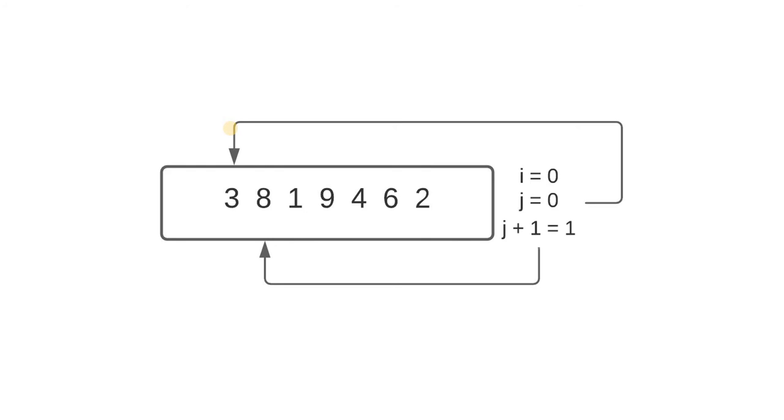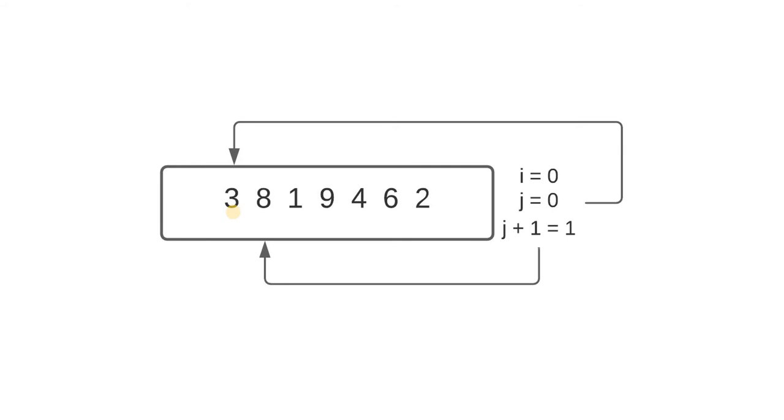Both are fine. You can compare it either way. That's up to you. Right now we can clearly see that these two values are in their sorted position because 8 is greater than 3, so we're not going to do anything here.